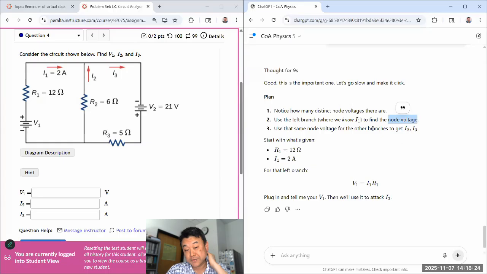You will see that I don't use any of them because I'm not an electrical engineer, so I have no idea what node voltage is. "Use the same node voltage for other branches." Yeah, and this is not really what I would recommend. And I don't know if that's something I can fix right now. I need a longer plan.